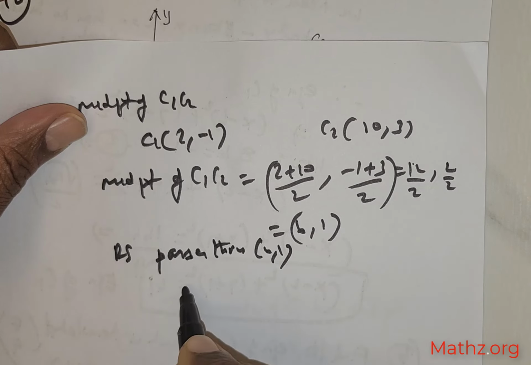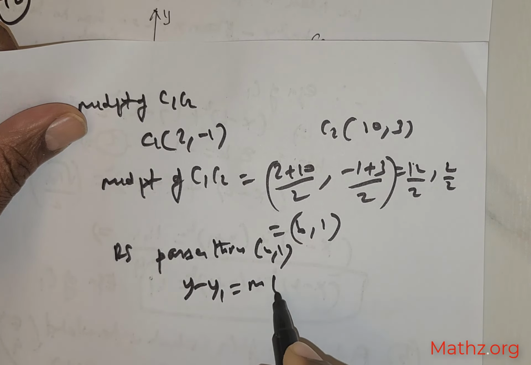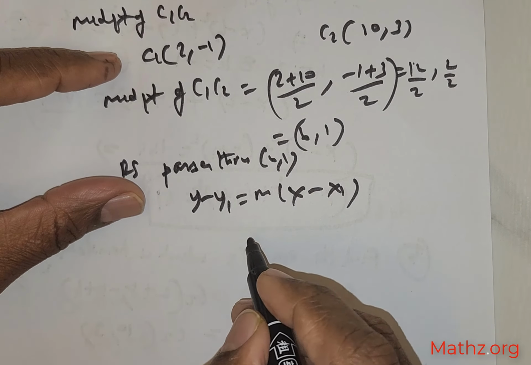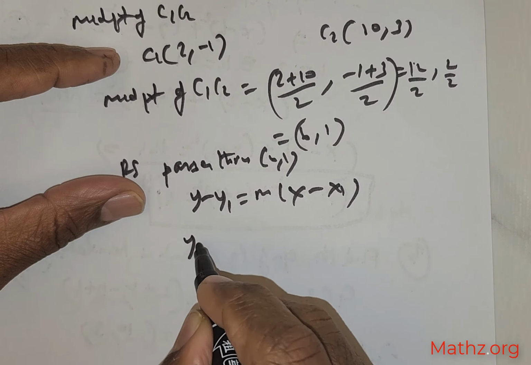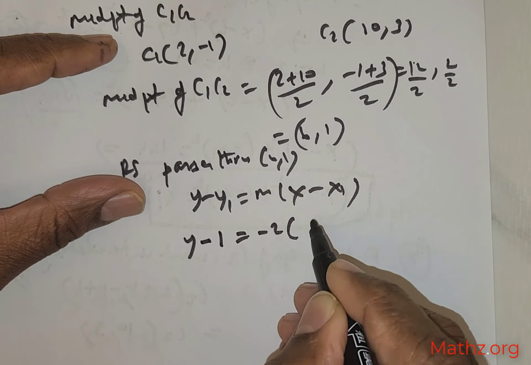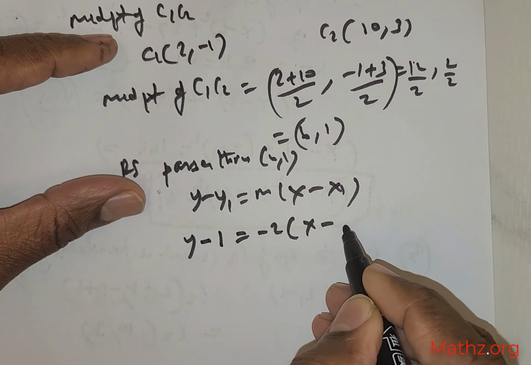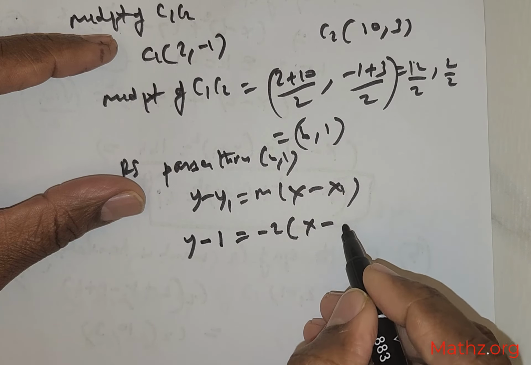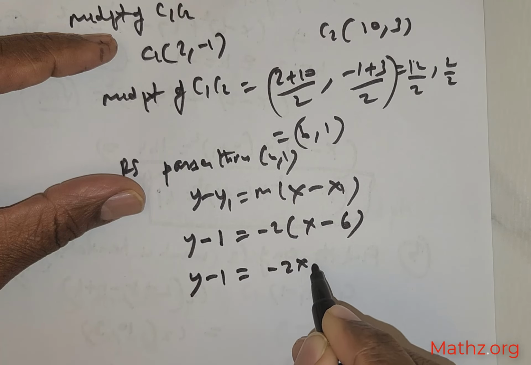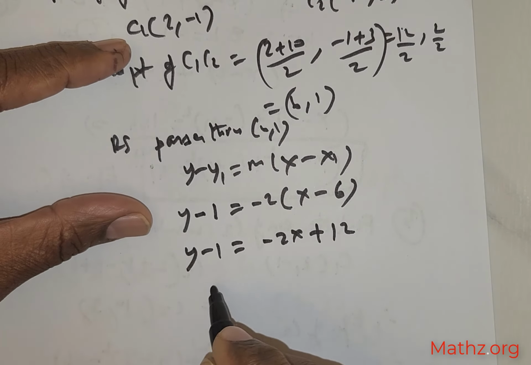(6, 1). So y minus y1 is equal to m times x minus x1, and so y minus y1 is equal to, slope is negative 2, x minus x1 is x minus 6. So y minus 1 is equal to negative 2x plus 12.